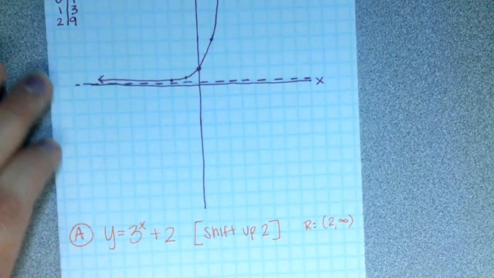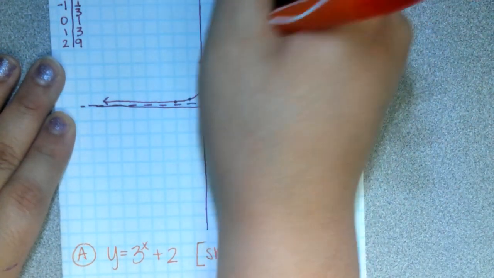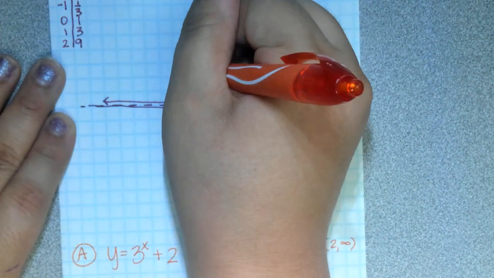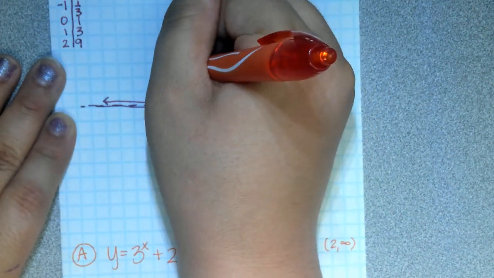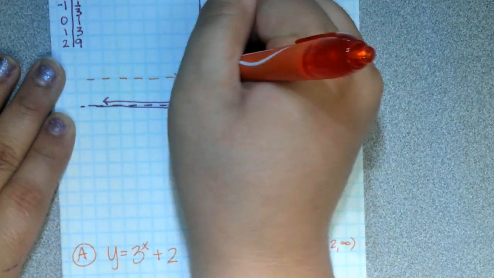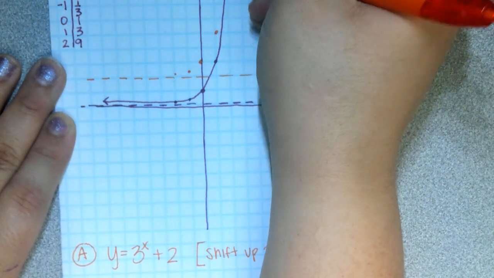And so what am I going to do to every single point here? Up 2. And you're graphing this with one of your colored pencils. And you even need to shift the asymptote up 2, please. Same graph. That's why we have colored pencils.